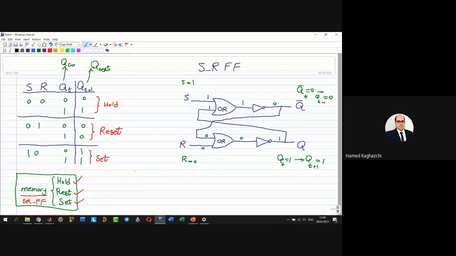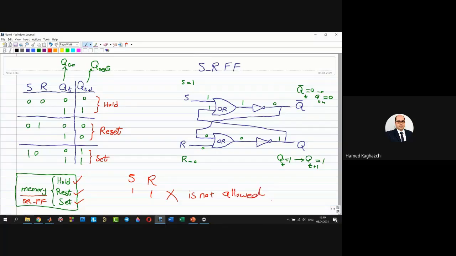What about S1 and R1? What happens if I set this input with 1 and also this input with 1? We say that this input is not allowed.